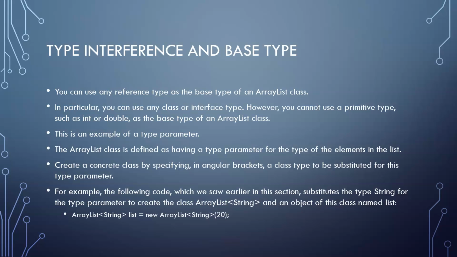So ArrayList<String> list = new ArrayList<String>(20). Of course, remember, you can take out this one right here. Me personally, I would prefer to keep that in there because even though I know it's a String type here, it's just a little bit easier to look at. Now, if you say, I'm not going to do that, I'm just always going to do inference, that's perfectly fine as well. So you can do whichever way is more preferable to you.